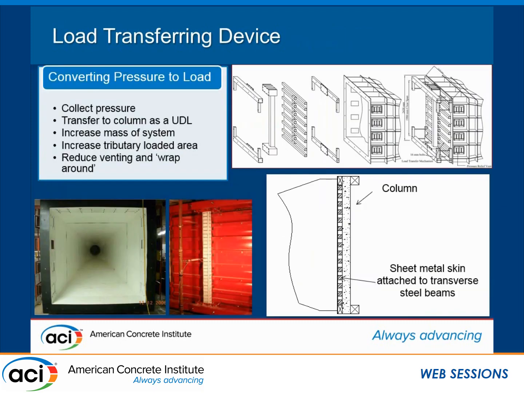Now, once again, like before, if I'm testing a beam type element or a column and I want to load it with this shock tube, I need to collect all the pressure that's coming out at the end of the shock tube and transfer that to the column itself. This is done with a load transferring device.